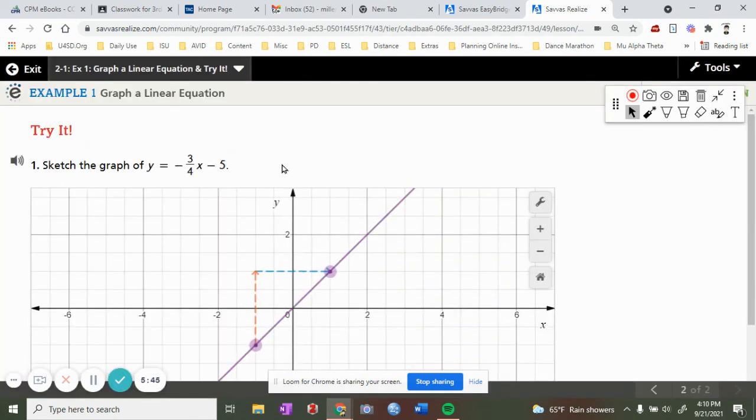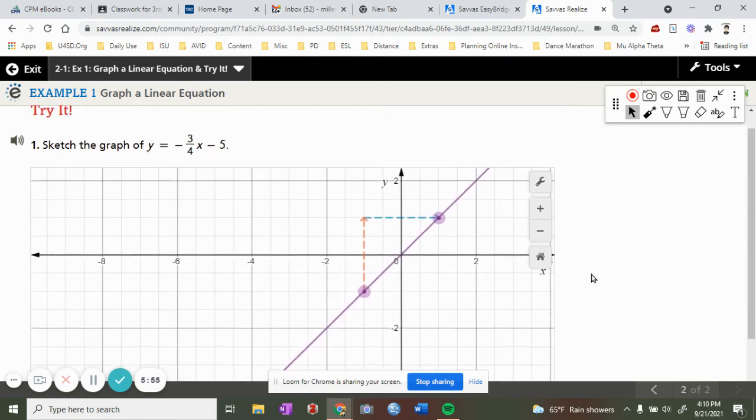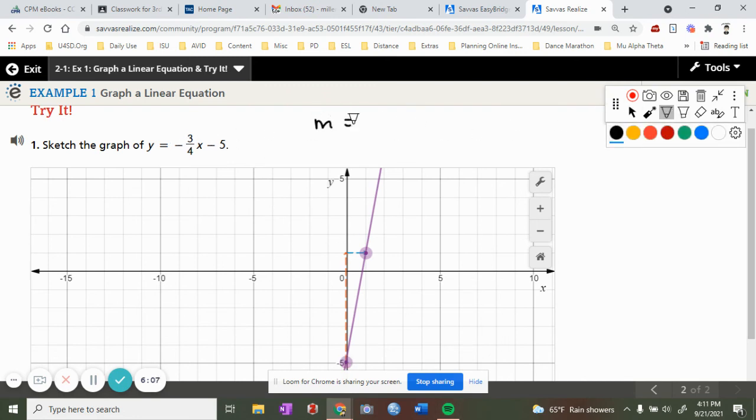So you should have a sketch of -3/4 x minus 5. To do this, you are going to have to manipulate your graph. Okay, so you might want to zoom out a little bit because this -5, bring that down here, and then use your slope. It's -3 over 4.